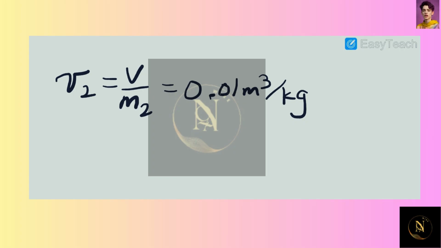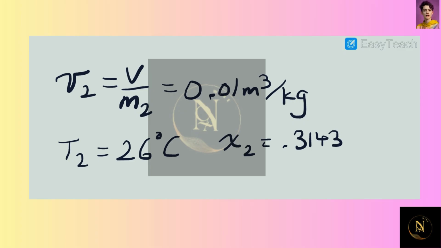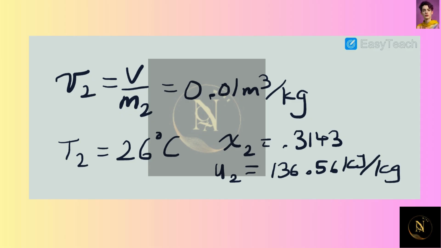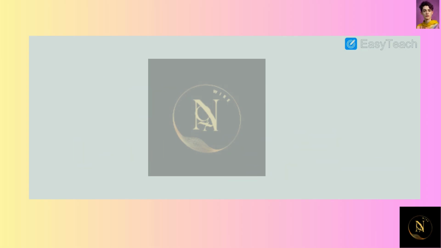Now combining this information with our final state temperature, which is equal to 26 degrees C, these two pieces of information give us that the final quality is equal to 0.3143, and our final specific internal energy is equal to 136.56 kilojoules per kilogram. Now we can use the information regarding the internal energies that we calculated to plug back into our energy balance equation.